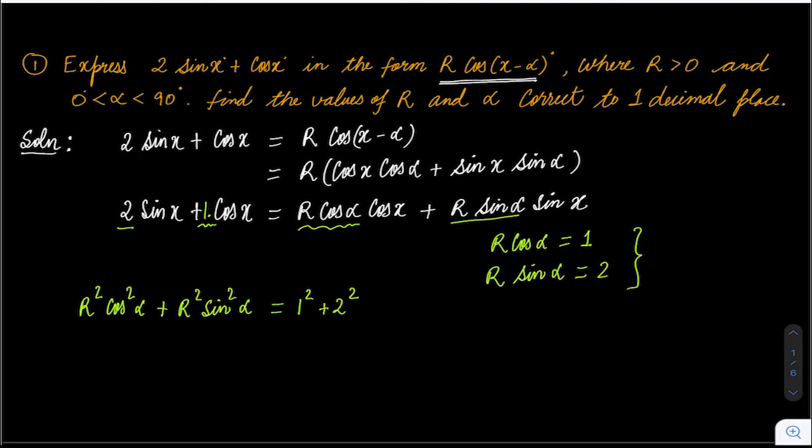So if I take r square common, in the bracket I am left with 1 only, because cos square alpha plus sin square alpha, doesn't matter what alpha is, is always 1. So this is 5. So my r value is coming out to be square root of 5.